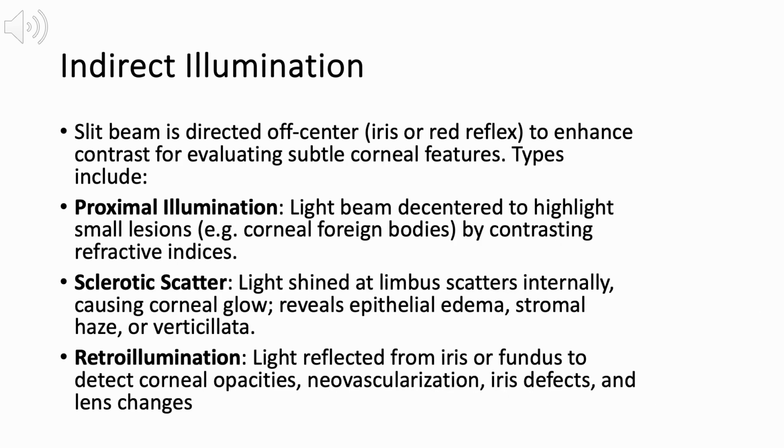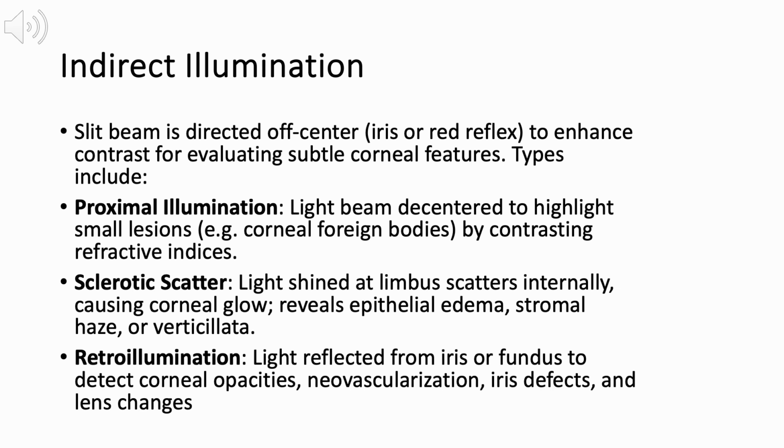Off-axis slit beam illumination enhances contrast and visibility of subtle corneal features by directing the beam slightly away from the visual axis, often toward the iris or red reflex. Proximal illumination involves decentering the light beam to accentuate small lesions, such as corneal foreign bodies, by exploiting differences in refractive index between normal and abnormal tissue.